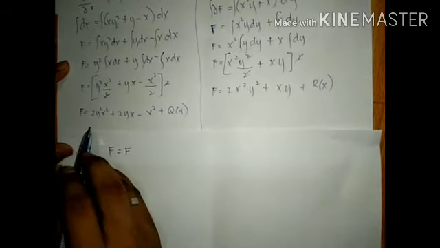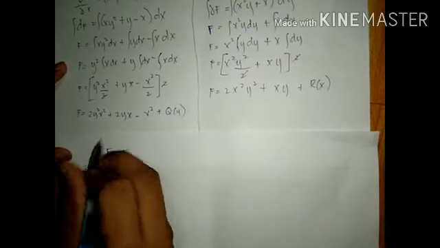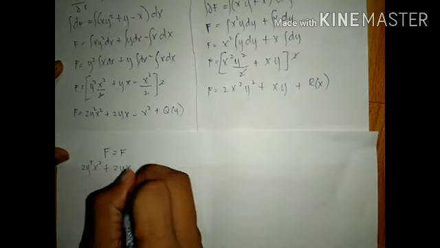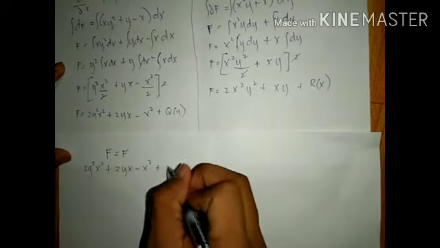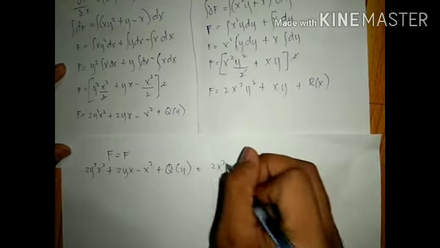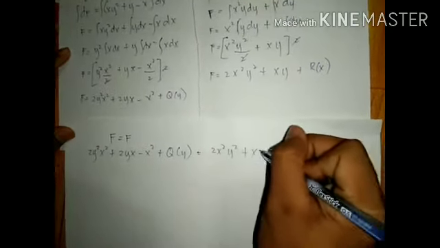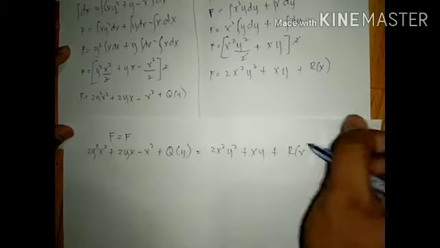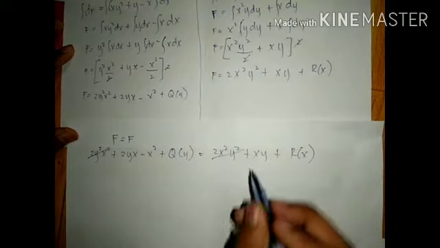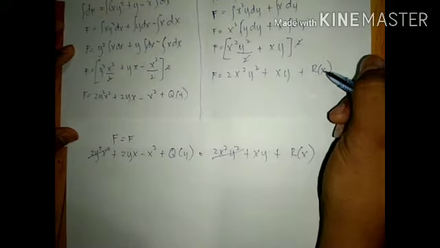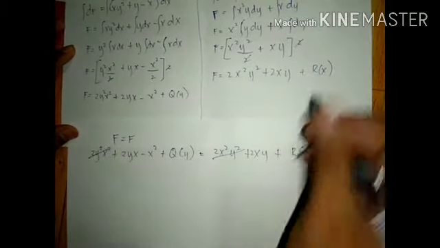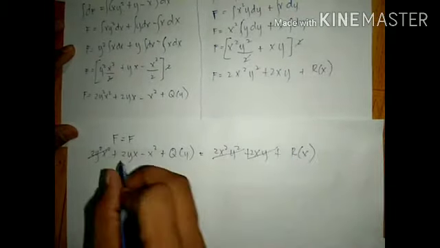First f here is 2y squared x squared plus 2yx minus x squared plus Q of y, and it is equals to 2x squared y squared plus 2xy plus R of x. So cancel here, same as that. Then both sides we have 2, so we cancel.